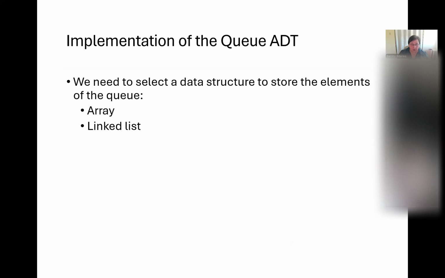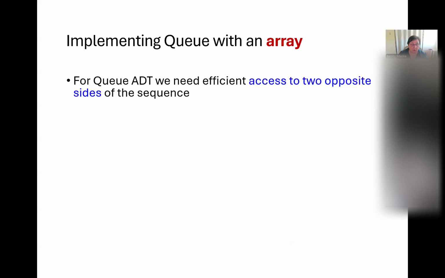Okay, so now after we receive this specification, we are going to try to implement it using different data structures, and we know only two of them, array or linked list. So let's see how we can implement queue using an array. For the queue ADT, we need efficient access to two opposite sides of the sequence. Now try to remember, what did we say about an array?